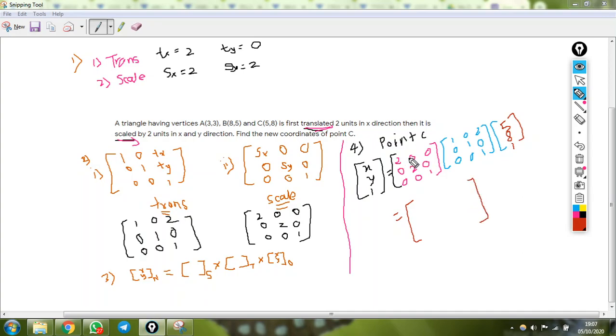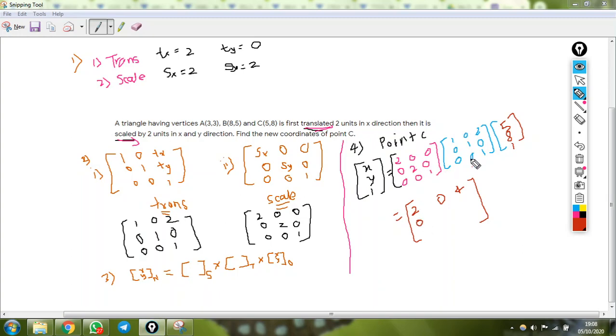Now see how to do the multiplication of the matrix. 2 0 0 into the first column. First row into first column comes out to be 2. First row into second column, the answer is 0. First row, third column, the answer is 4. Then the second row, first column, answer is 0.